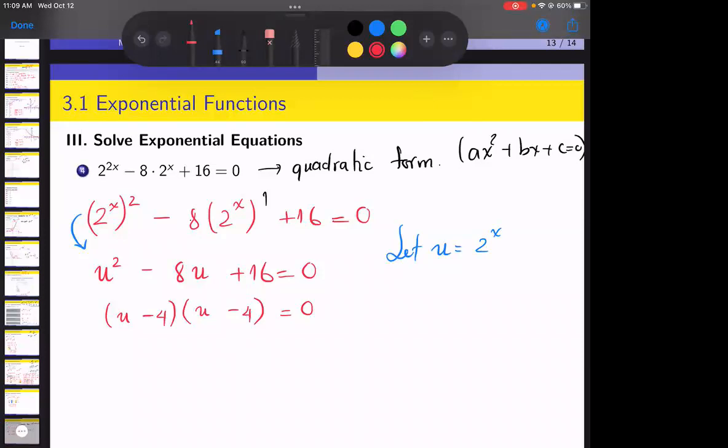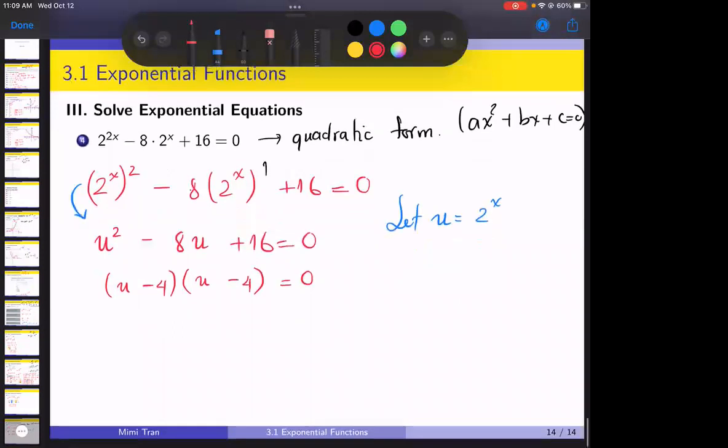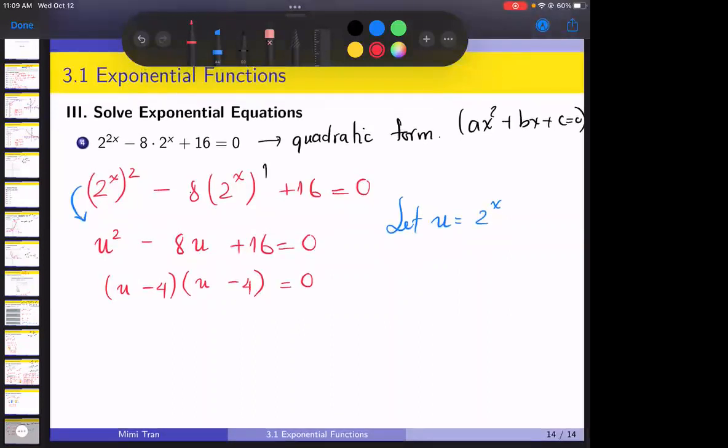It's just easier for you to see. It's called substitution. You can leave it like that. I just called it a graph, let the blob equal u. Of course, we're gonna come back to it because it's not u that we solve for, it's x, right? But let the blob equal u, and then maybe it's easier for you to see. So this implies u minus 4 equals 0, or u equals 4, and the same thing on the right hand side.